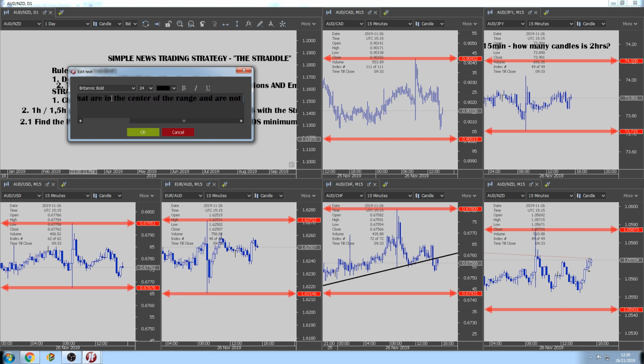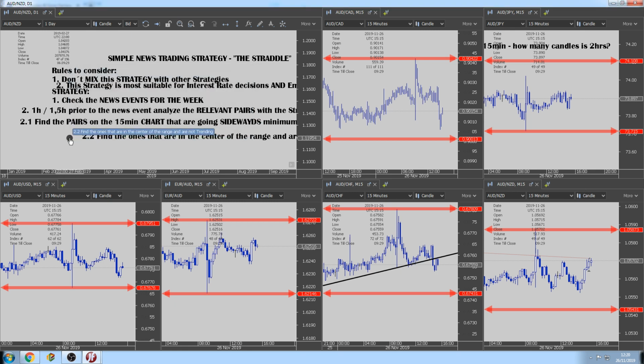Not trending, not trending. Okay, find the ones that are in the center of the range and are not trending. AUD NZD, yes. AUD CAD, not sure about this.